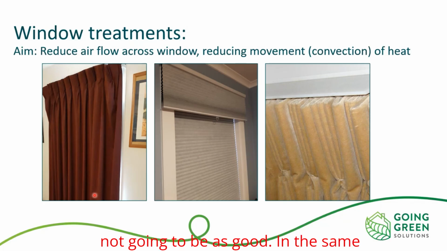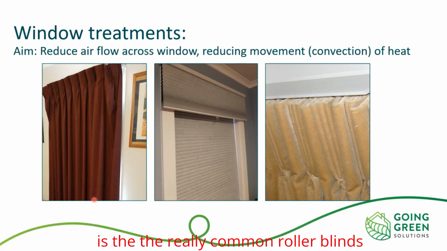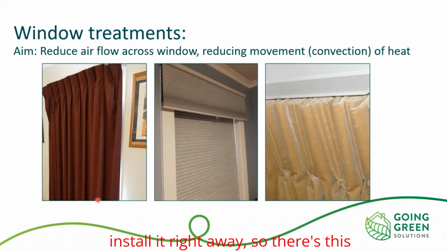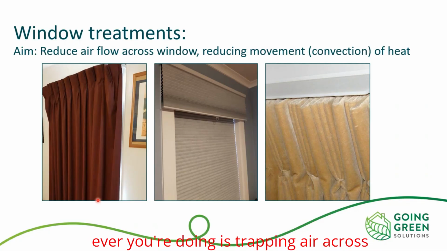It's not going to be as good. In the same way, you could have a Holland blind, which is the really common roller blinds, that you've installed really close to the window frame so it does prevent the air moving, or you could install it right away so there's this big gap and lots of air. So always think back to how well whatever you're doing is trapping air across the window.